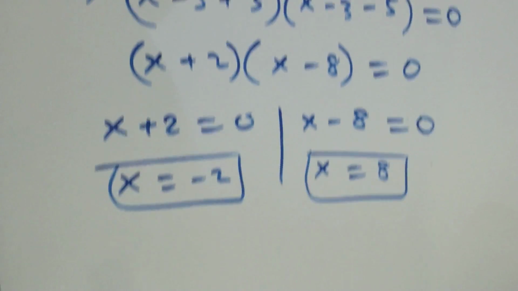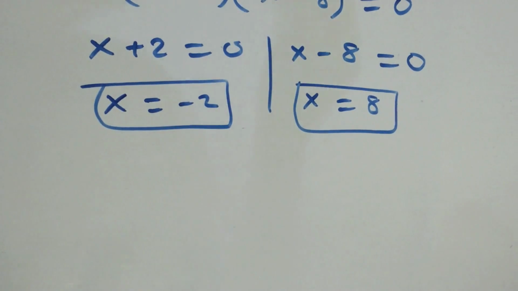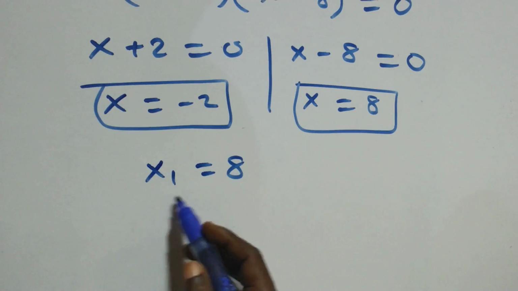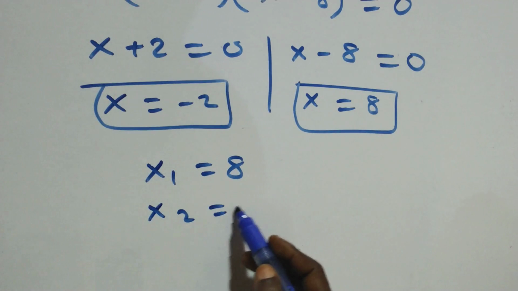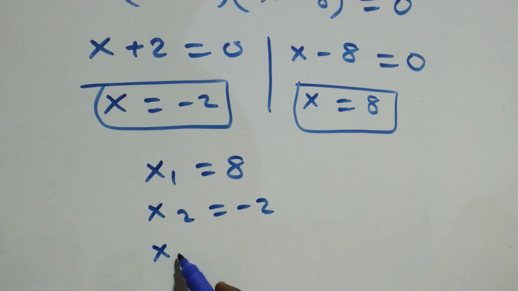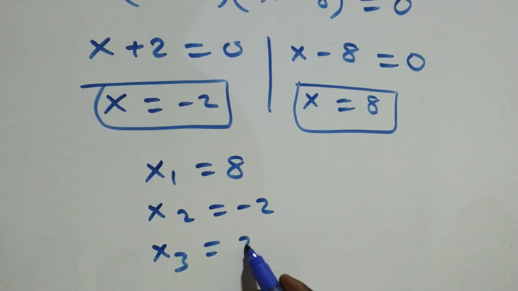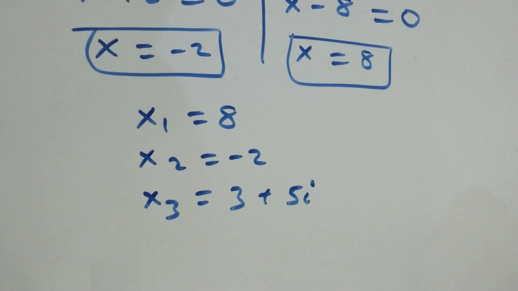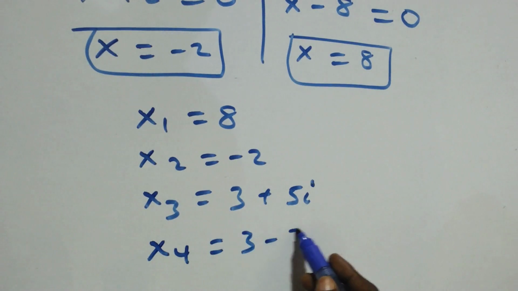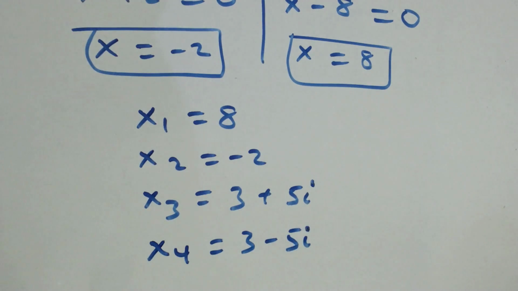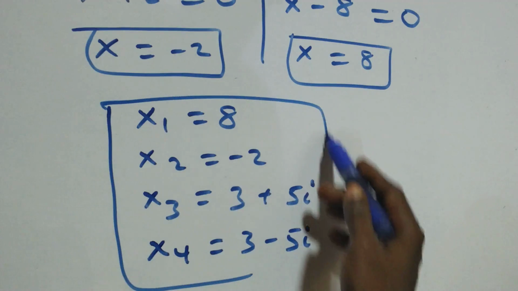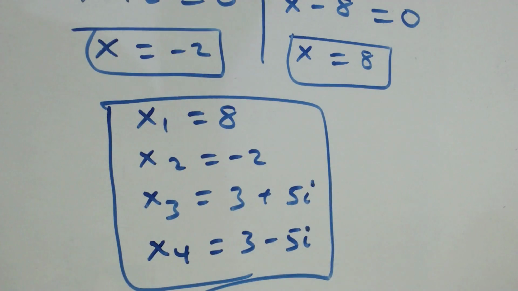When we write this out, you can say that the first solution x1 is equals to 8, and second solution x2 we have minus 2, then x3 on the complex we have 3 plus 5i, then x4 also on the complex we have 3 minus 5i. So here we have this as the 4 solutions to this given problem.